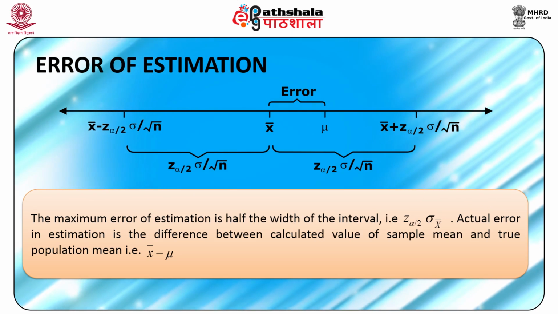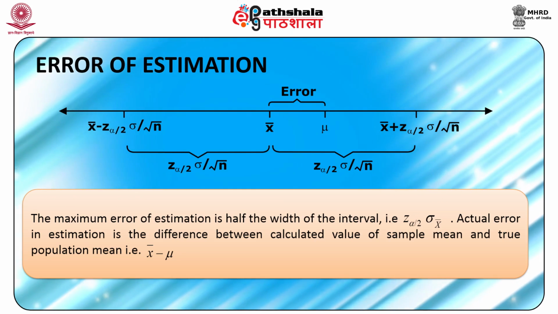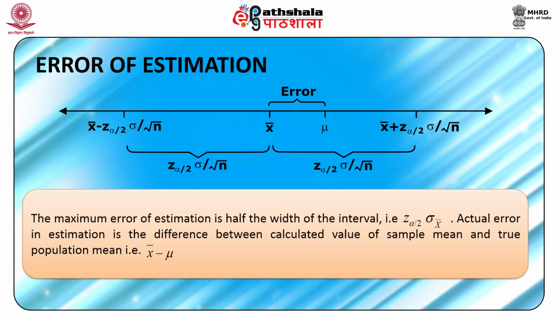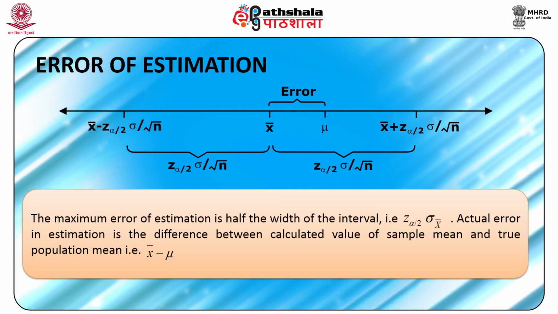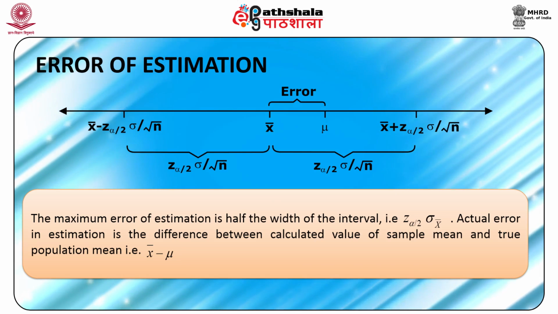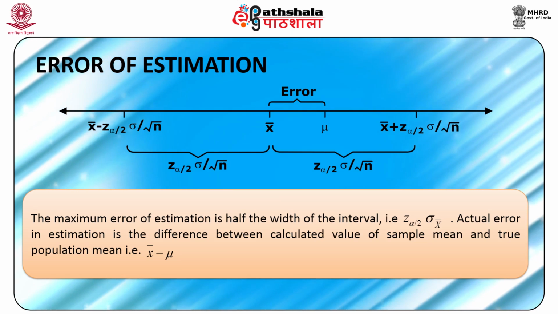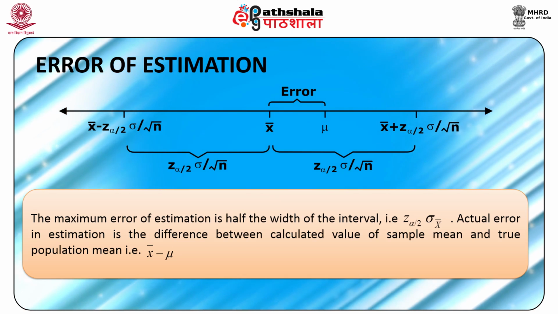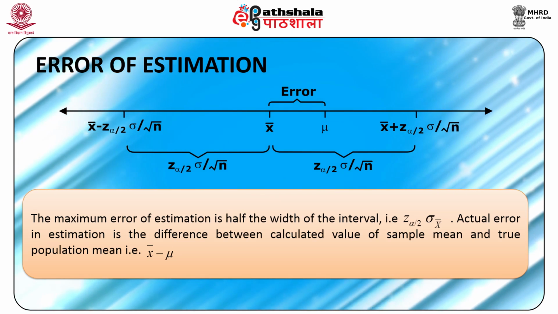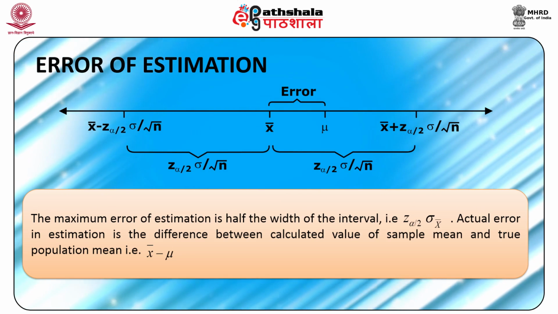The maximum error of estimation is half the width of the interval, that is z alpha by 2 into sigma x bar. When we specify the maximum error, we are also specifying the desired width, which is twice the maximum error. The actual error in estimation is the difference between the calculated value of the sample mean and the true population mean, which is nothing but x bar minus mu.